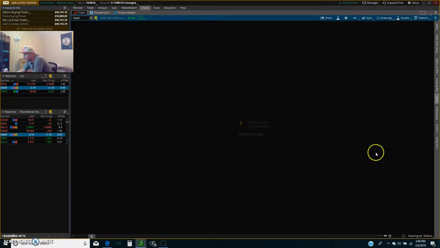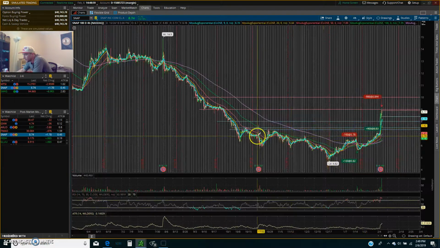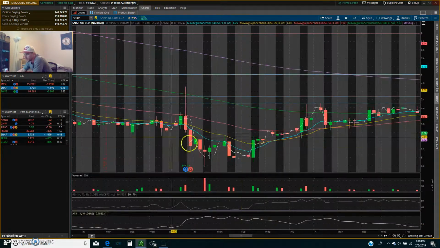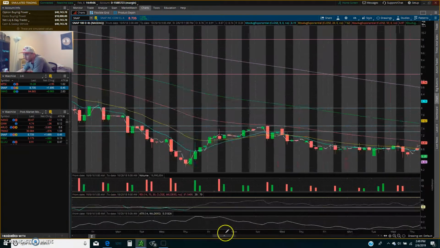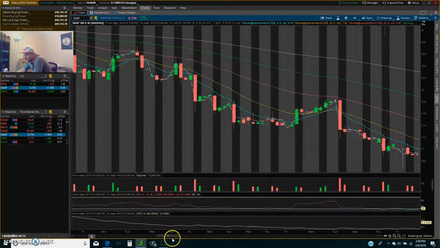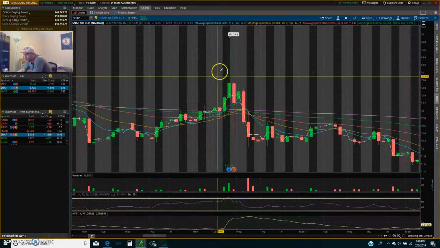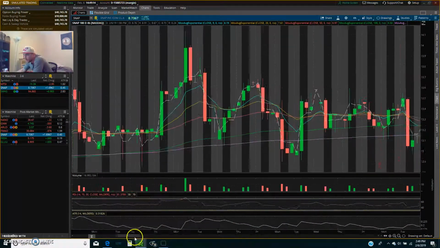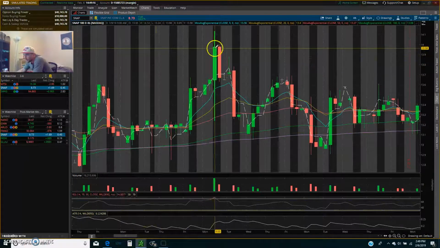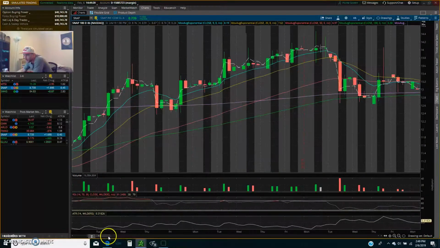I don't remember the time frame I was on, but just in this chart alone, you can see it jumped up and sold off. Here's another example. Shot up, sold off, same day. Came up, sold right back down. Okay, came up, sold right back down.